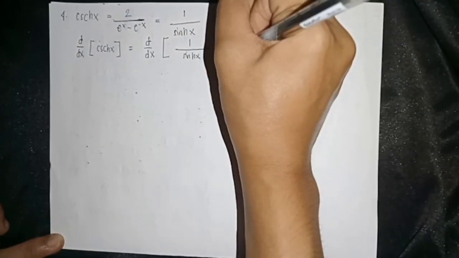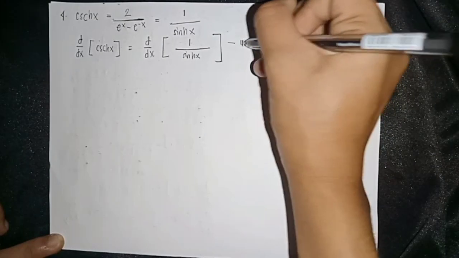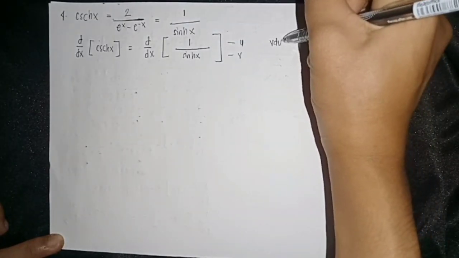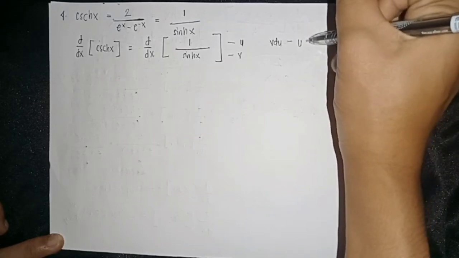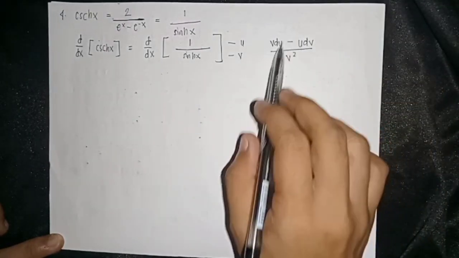In dealing with this problem, we need to use the formula of the quotient rule, which is v du minus u dv all over v squared.